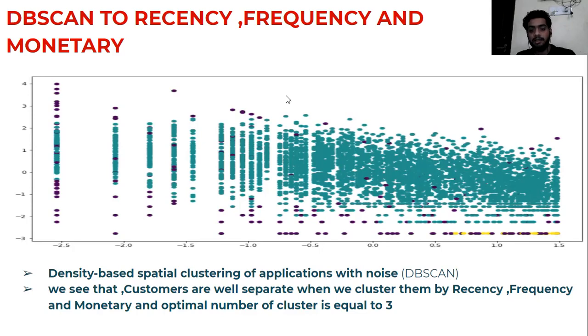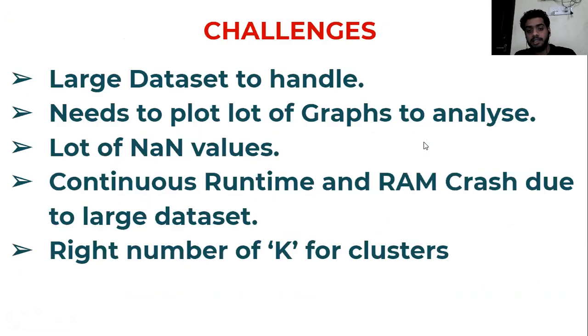Here we get the scatter plot of clusters, and we see that customers are well separated when we cluster them by recency, frequency, and monetary. In DBSCAN we get the optimal number of clusters, that is 3.